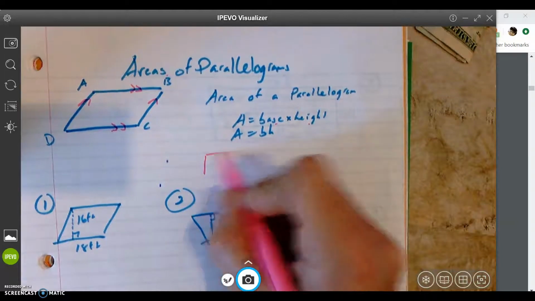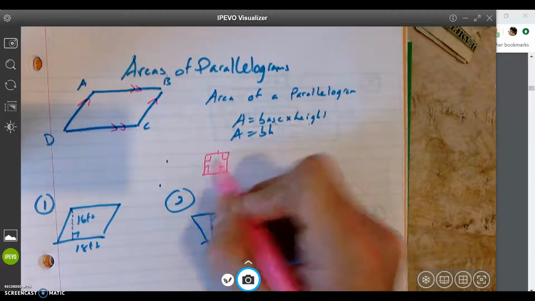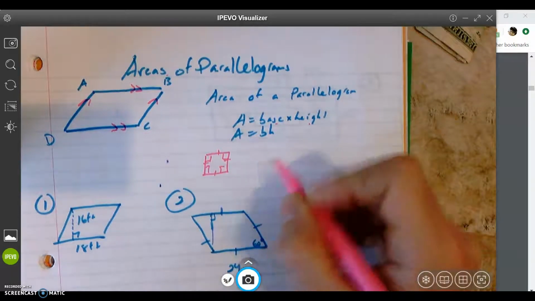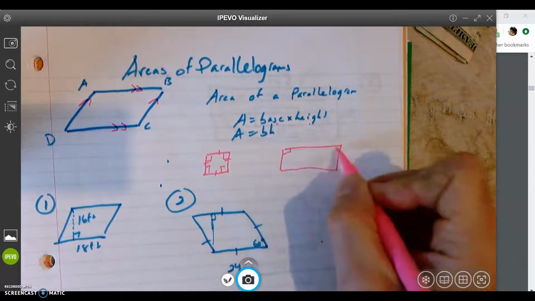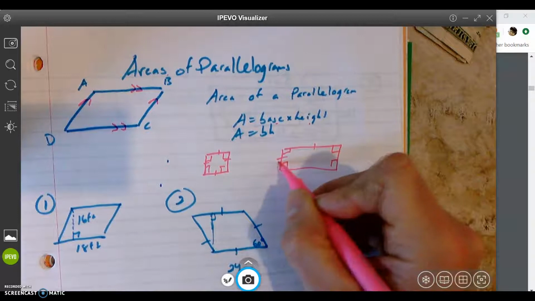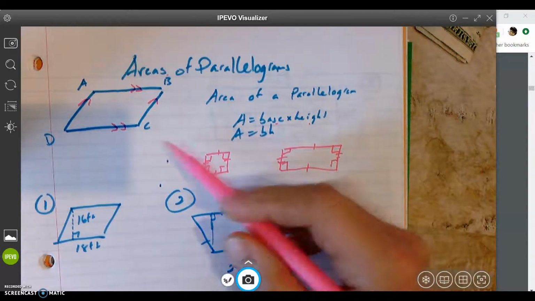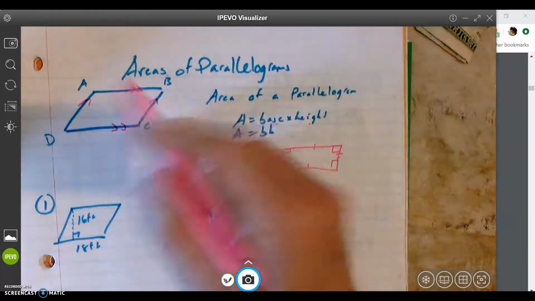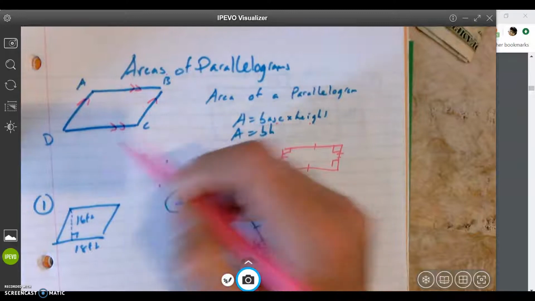You know, square, where all sides are congruent, and rectangle, where opposite sides are congruent, and also a rhombus, which is a parallelogram that looks like this, a little slant, where you have all the sides congruent.